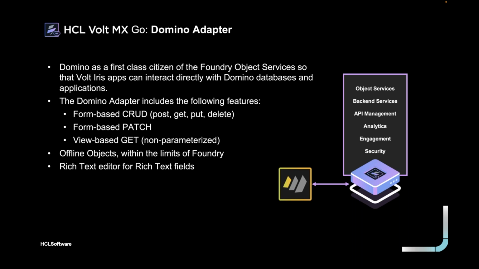So because this would be included in the Foundry object services for a VoltMX Go Foundry installation, which we'll go into in a moment, I'll show you kind of how we can see where this is in our demo here just coming up. But within the object services, it allows for you to combine other things that you can talk to within Foundry, therefore empowering Domino to have a greater influence on your business or your solutions.